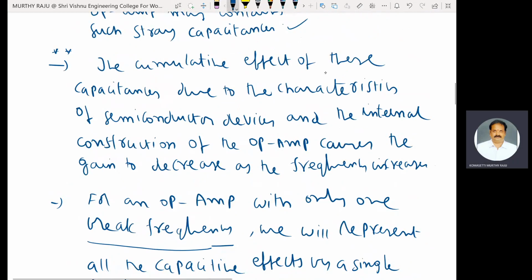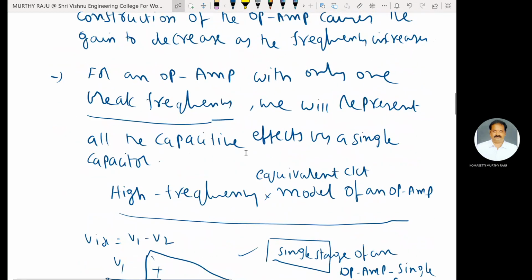The cumulative effect of these capacitances, due to the characteristics of semiconductor devices and the internal construction of an op-amp, causes the gain to decrease as frequency increases. Due to these capacitive effects, the gain decreases at high frequencies. For an op-amp with only one break frequency, we represent all the capacitive effects by a single capacitor.